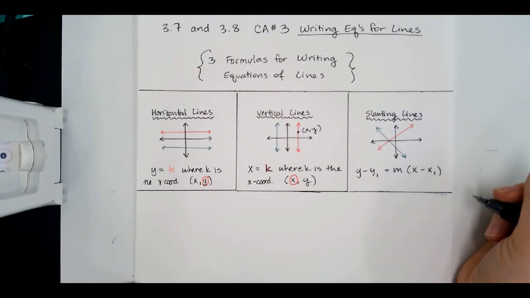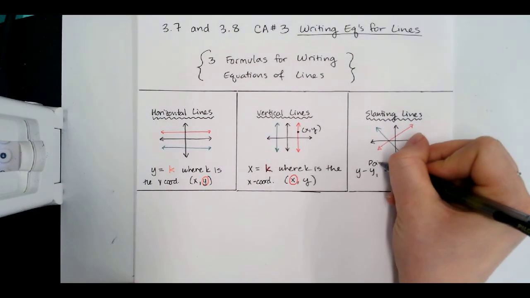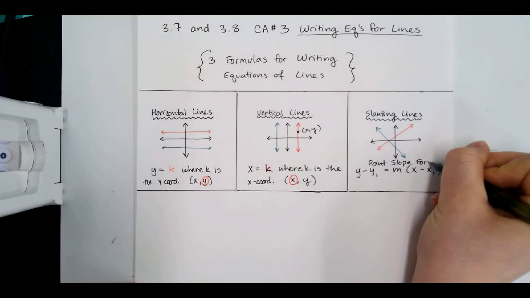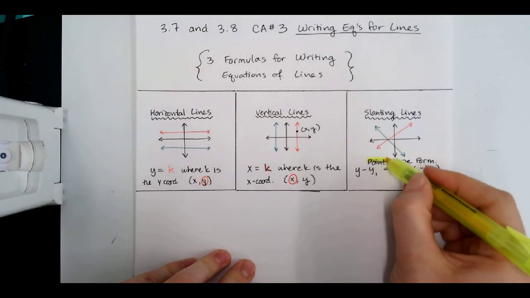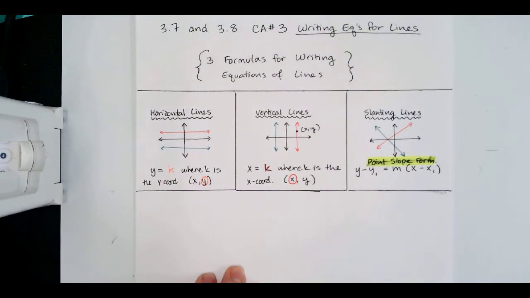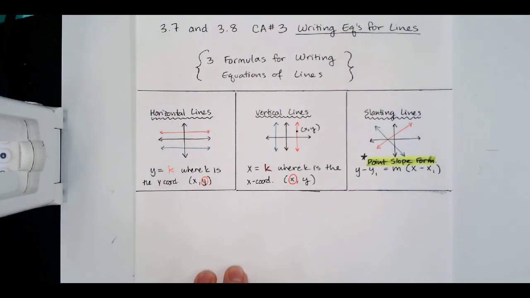We call this the point-slope form. Good form to remember, good formula. Really a good one to have memorized, please. And yes, I did say memorized.